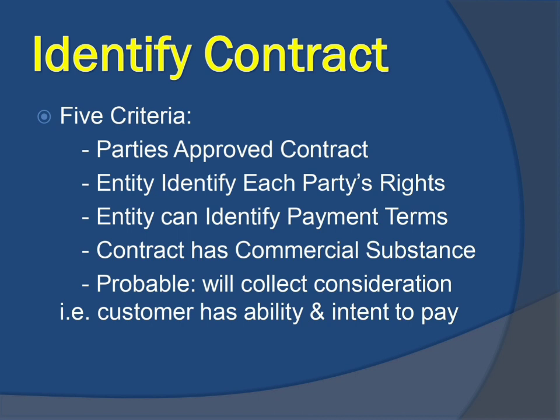The second criterion is that the entity can identify each party's rights. The third, the entity can identify payment terms. Fourth, the contract has commercial substance, like risk, timing and amount of future cash flows are expected to change. And the fifth criterion, it is probable that the entity will collect the consideration. There is the customer's ability and intention to pay.